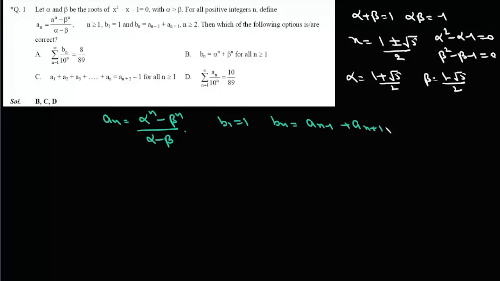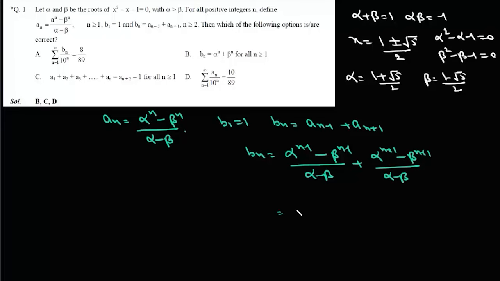Now first we need to simplify b n. So we can write this b n as a n minus 1 plus a n plus 1, so there will be alpha to the power n minus 1 minus beta to the power n minus 1 upon alpha minus beta, and plus alpha to the power n plus 1 minus beta to the power n plus 1 upon alpha minus beta. Now we'll take alpha together. So we can write alpha to the power n minus 1, and then it will be 1 plus alpha square, minus beta to the power n minus 1, 1 plus beta square, whole divided by alpha minus beta.